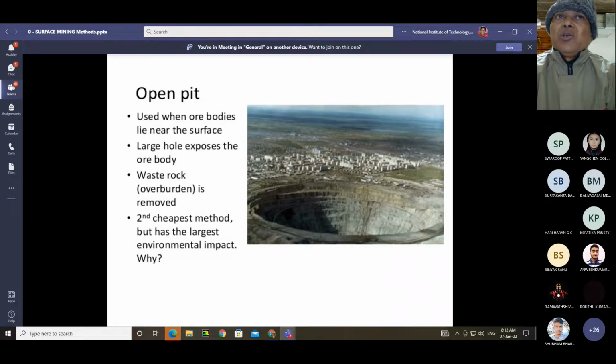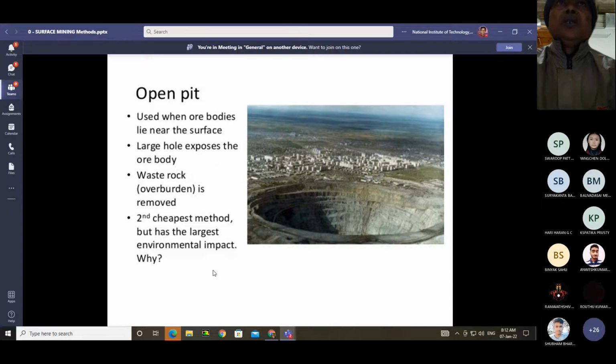So there is a lot of environmental impact because of the noise, the vibration, the dust problem, and the water pollution. And because of the blasting, the ecology of the area will be affected because the wild animals and birds cannot live in that area. They have to go away from that area because of the blasting in the mines.